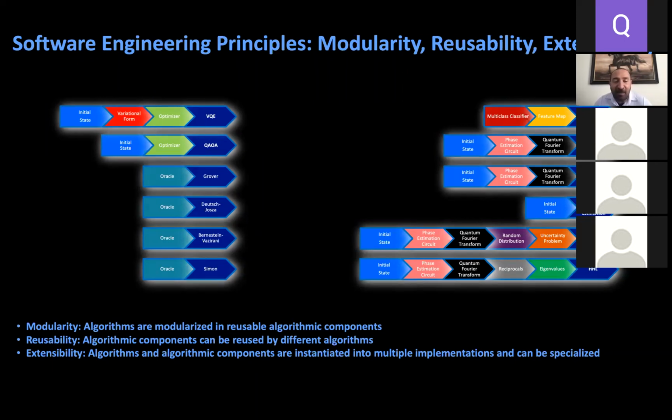I wanted to mention that all these algorithms have some shared routines inside. For example, VQE uses variational forms, also called ansatzes, and classical optimizers. Grover, Deutsch-Jozsa, Bernstein-Vazirani, and Simon use oracles.